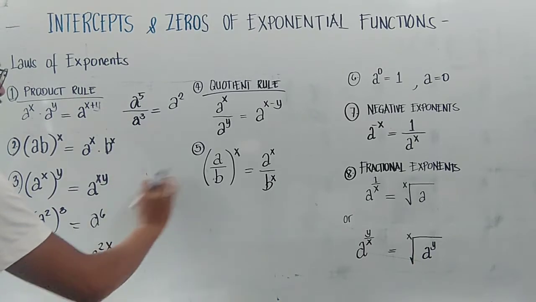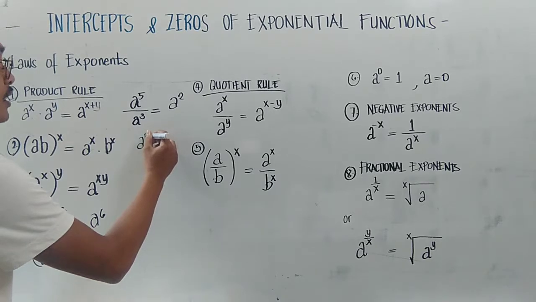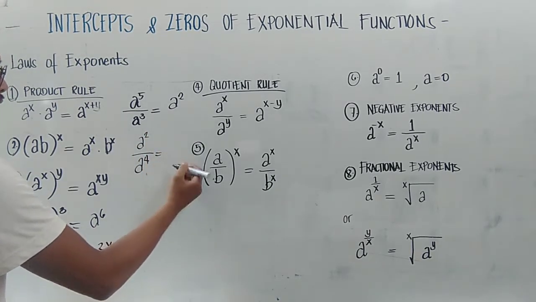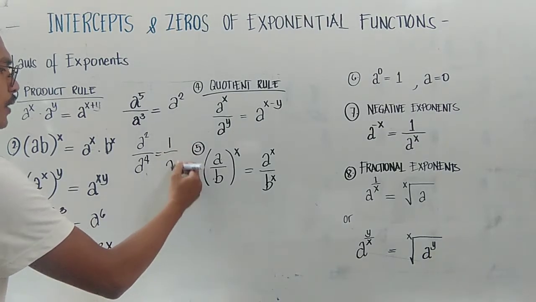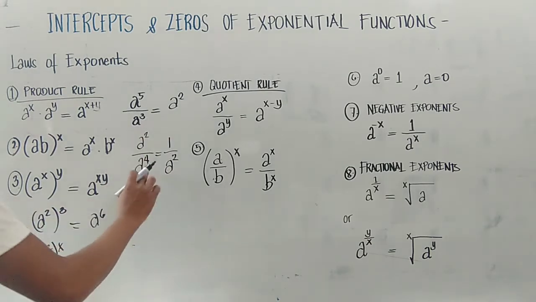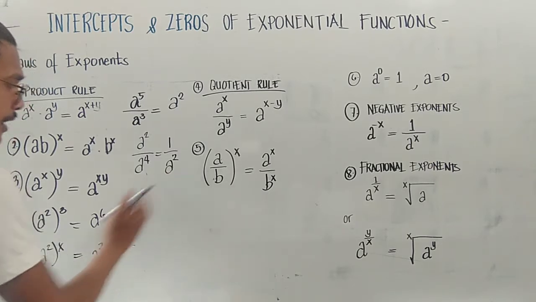Here is another example: a squared divided by a raised to 4. That will give you 1 over a squared. So a squared will be written in the denominator.